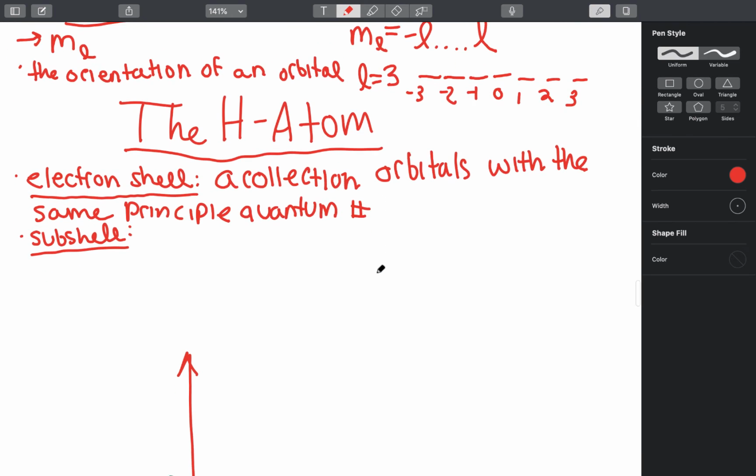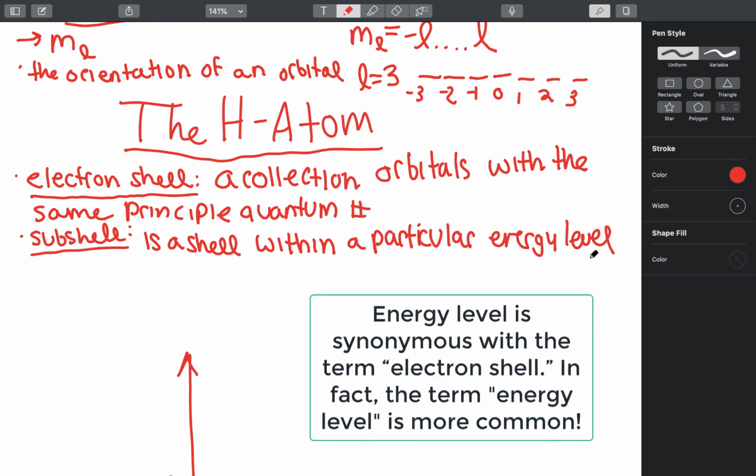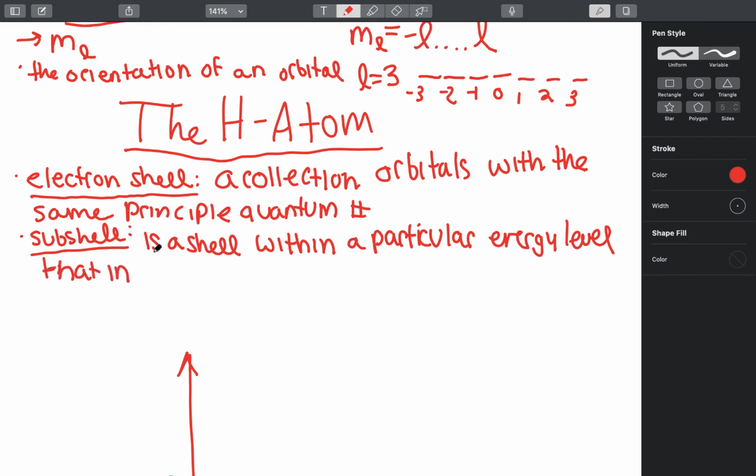And a subshell is a shell within a particular energy level that indicates the angular quantum number as well. So it will indicate the angular quantum number as well.